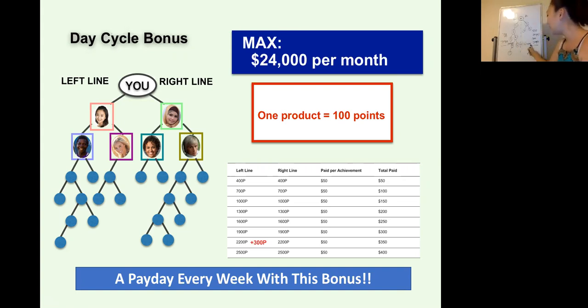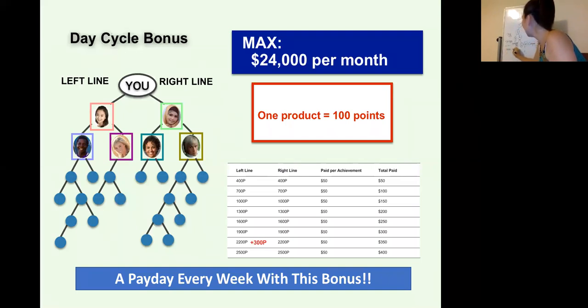So you have 600 points on the right and 1,400 points on the left side. Okay. November, 300 more points are generated, and then 700 points are generated from the left side.